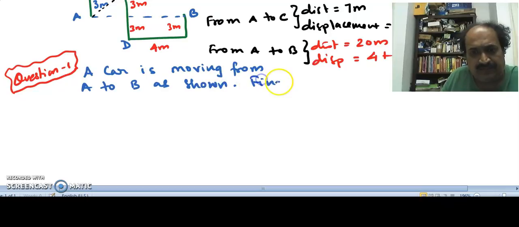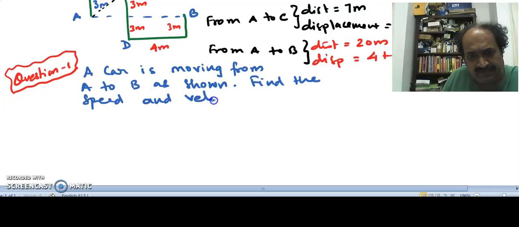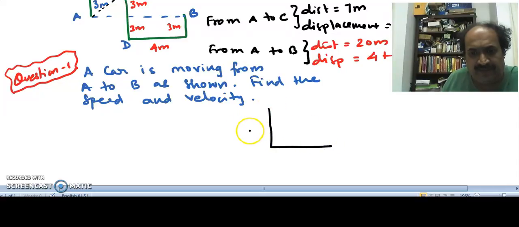Find the speed and velocity. So let's say the car is moving in this way. 12 meter, 13 meter, A, B.